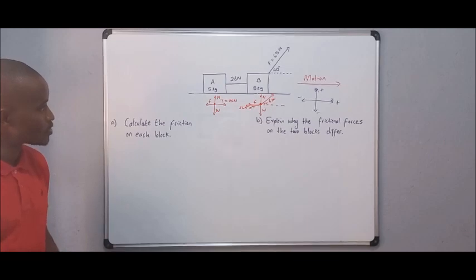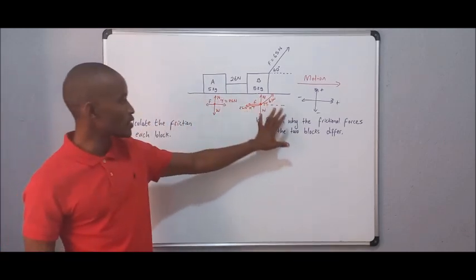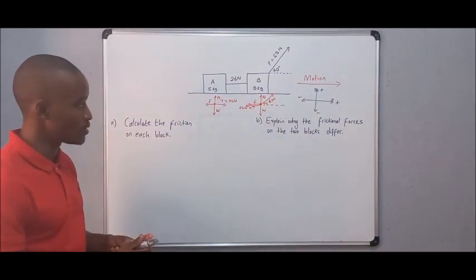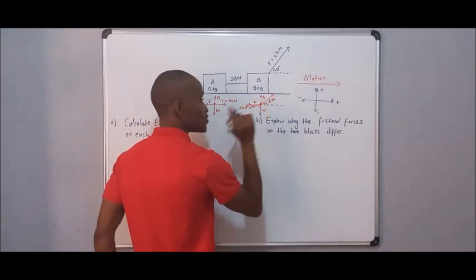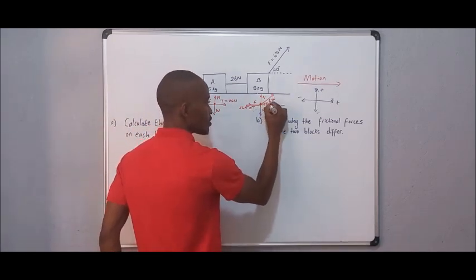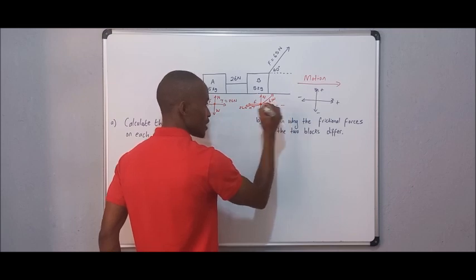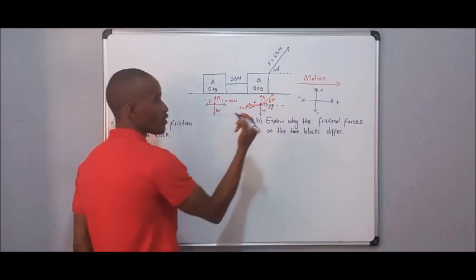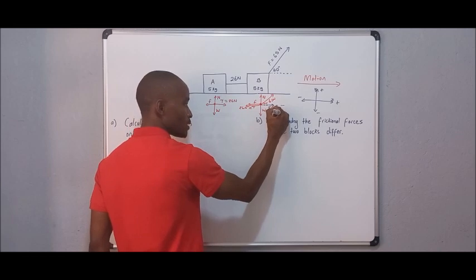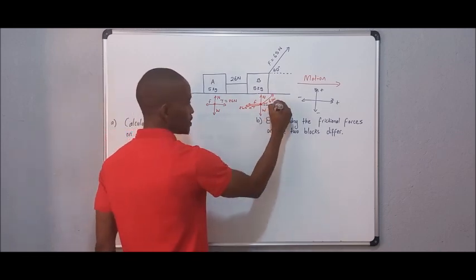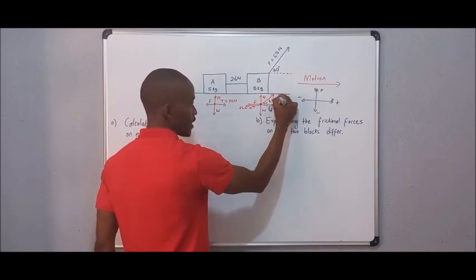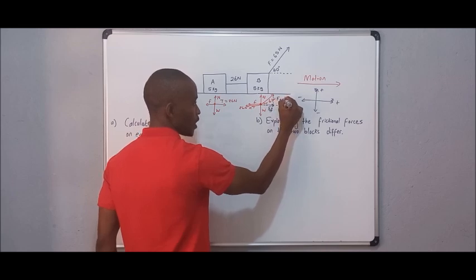All right. So this is the diagram that we have, and we can include, so that you don't forget, the components, right? So this is Fx, or F applied x, and this will be F applied y, okay?